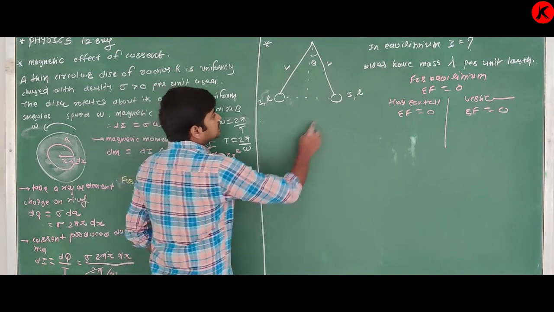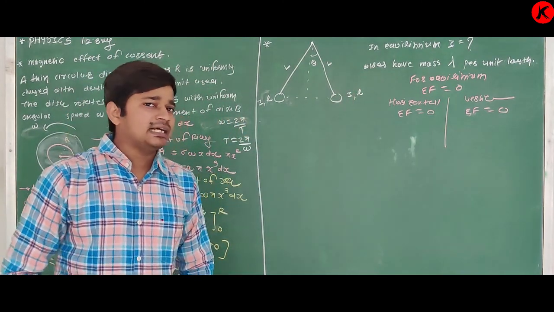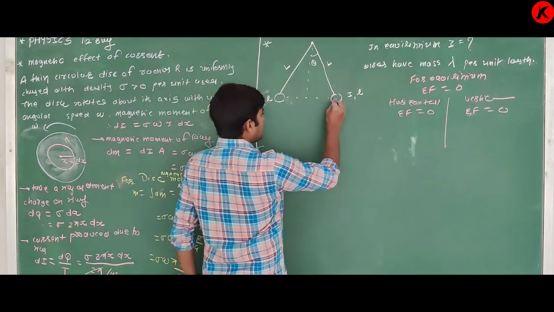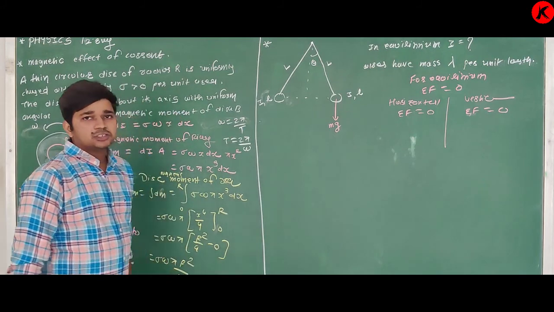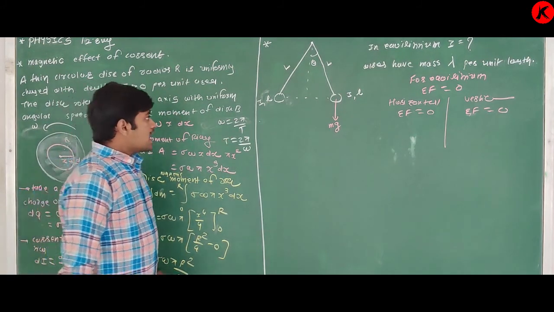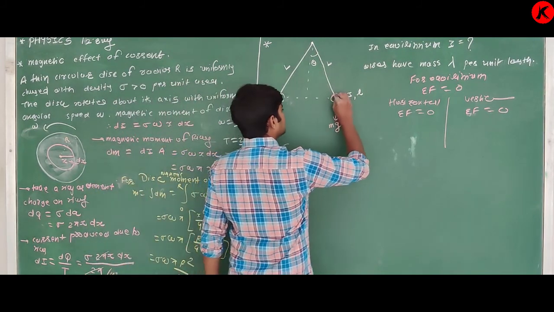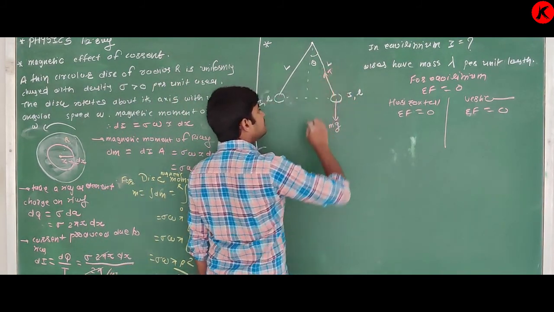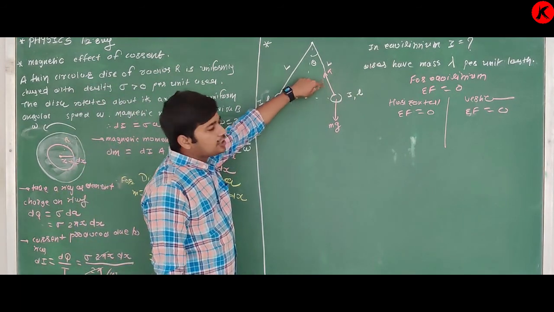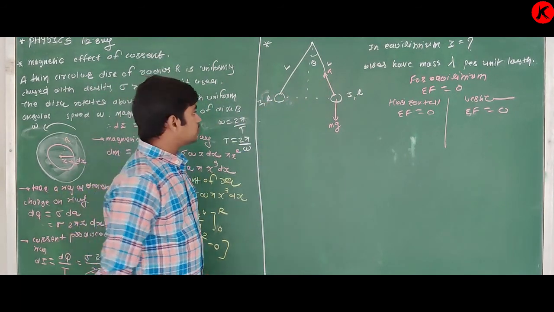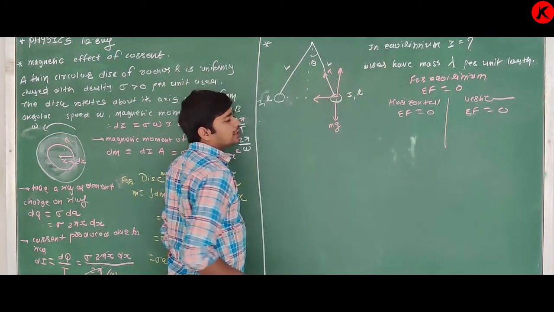First, as these wires have mass lambda per unit length, they have some mass, and due to their mass, the first force is mg, acting vertically downward. As the wire is suspended by a thread, tension T is produced in this direction. Now this mg is in the vertical plane, but this T is not, so we have to resolve T into components: one vertical component and one horizontal component.